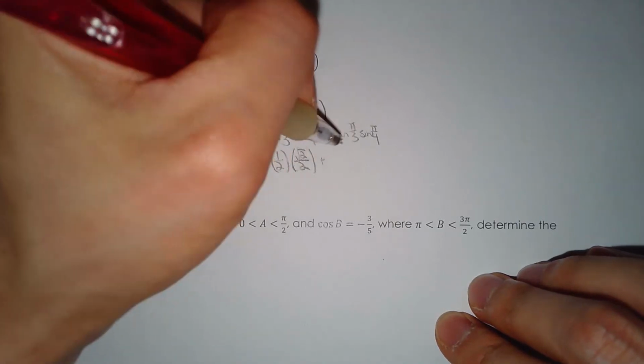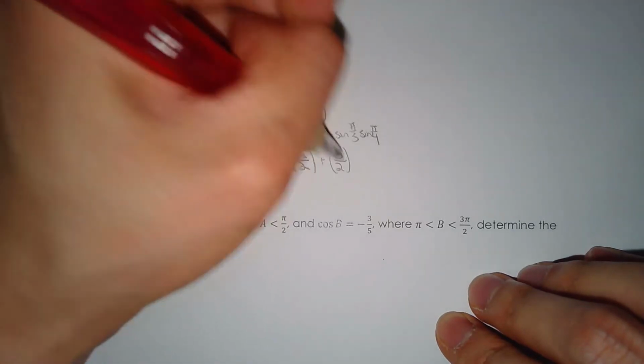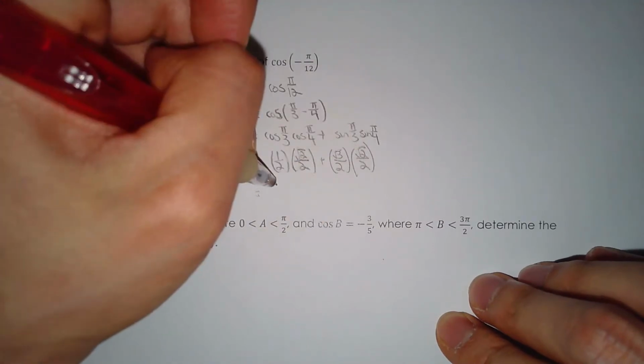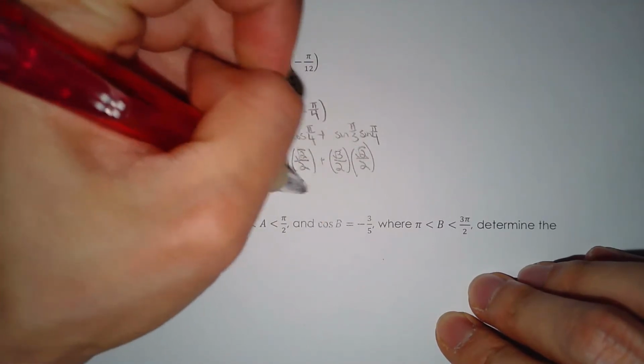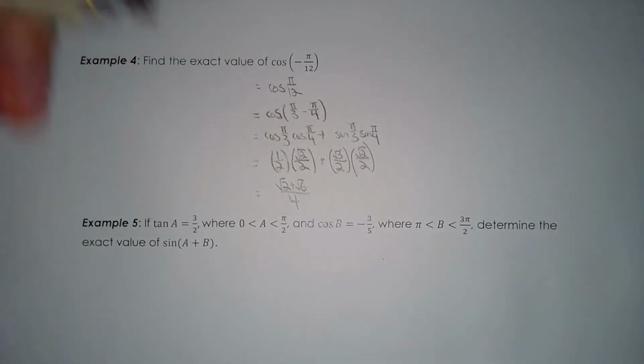Sine of pi over 3 is root 3 over 2. And sine of pi over 4 is root 2 over 2. Simplify, and you get root 2 plus root 6 all over 4. Once again, you can check with your calculator, but you can do that by yourself.